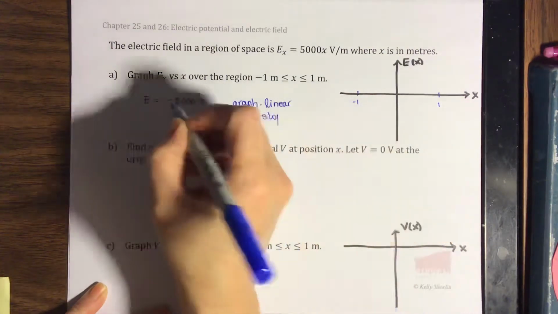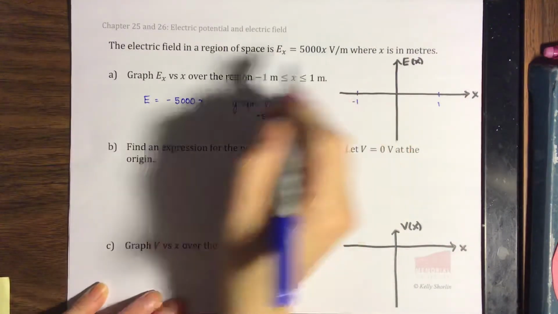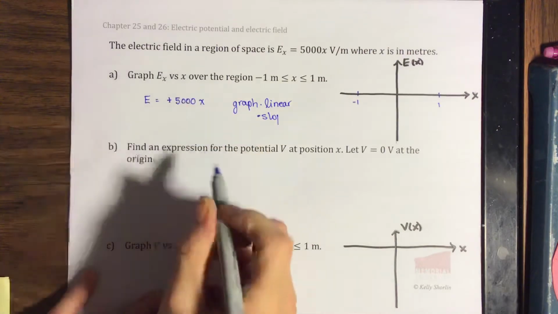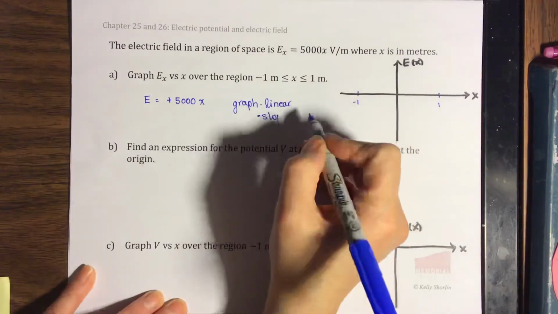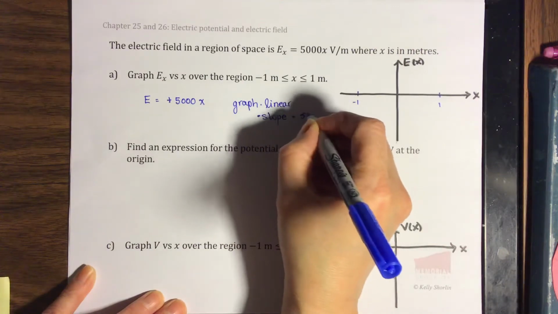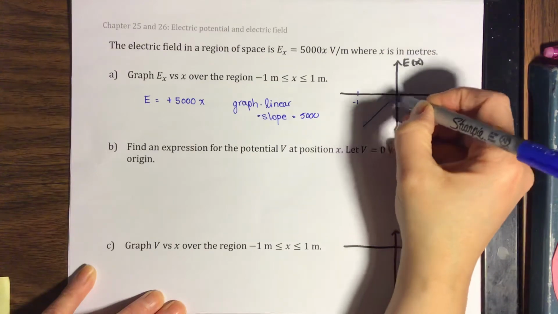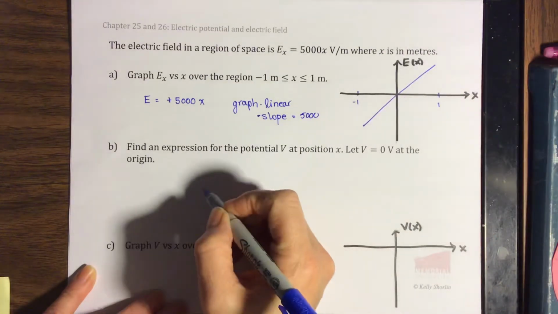Oops, I don't know where that minus came from. Electric field is 5,000 times x. I wrote a minus here for some strange reason, but that's positive. So the slope then is 5,000. If we wanted to draw that graph, it would just be a straight line with a slope of 5,000, something like this.